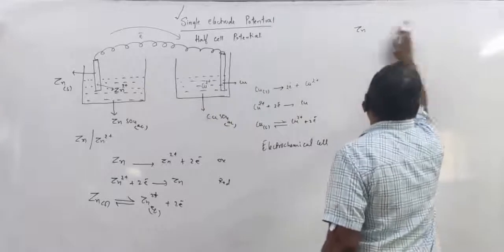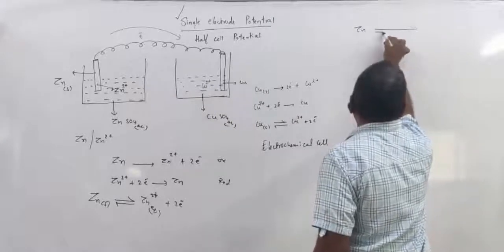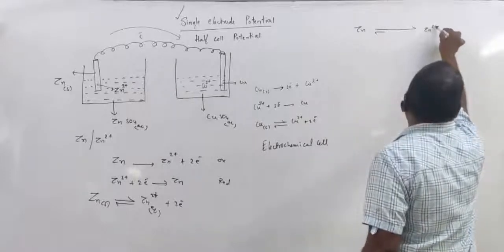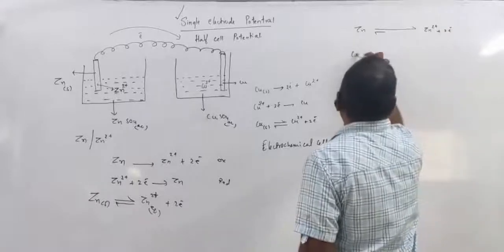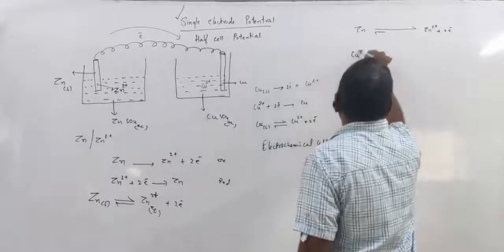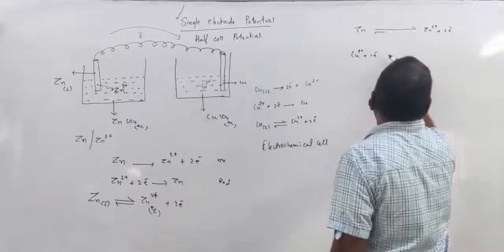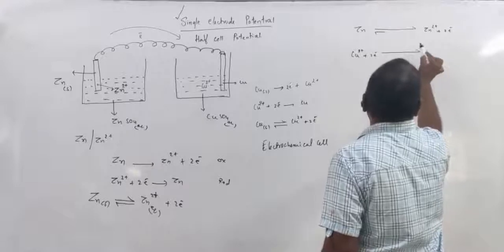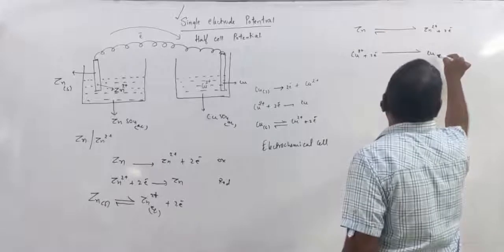That means the equilibrium almost shifts to the right hand side, Zn2+ and 2 electrons, and at copper, Cu2+ ions gain 2 electrons, so the reaction will also move almost towards the right hand side.